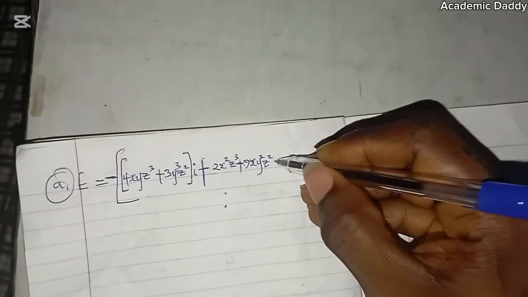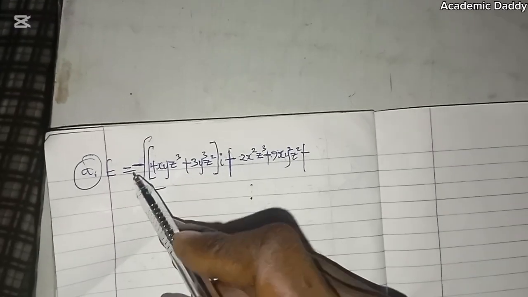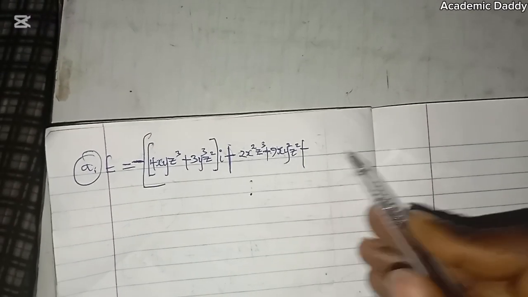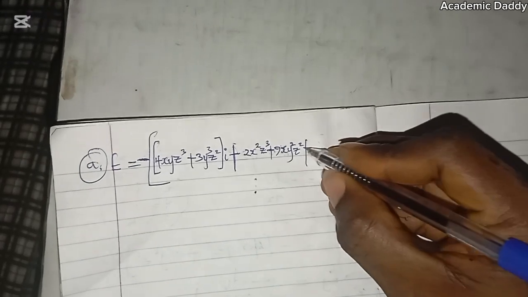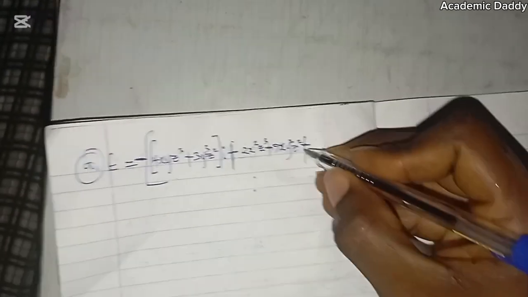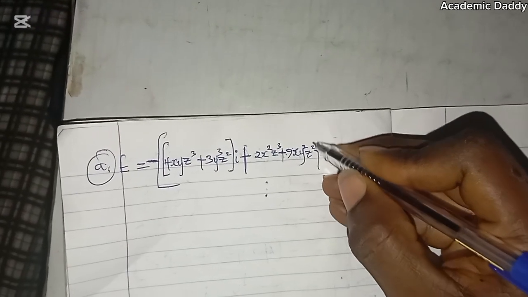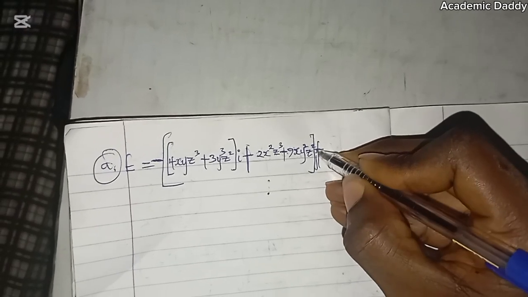So plus, remember that there's minus. This minus covers for everything because each one has minus in front of it. So plus, and remember that this one will carry j. So everything here, this one will carry j.